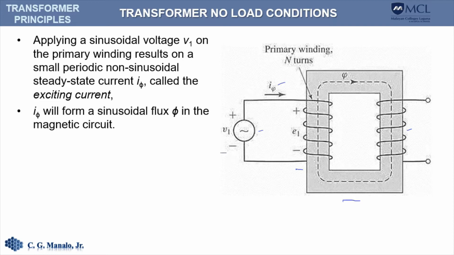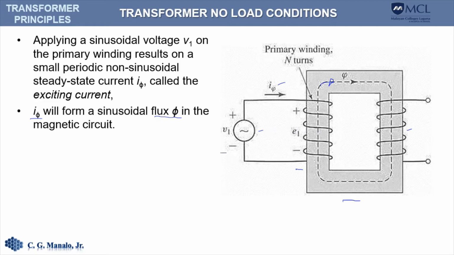This current will produce a flux inside the magnetic circuit. So a flux will flow within the ferromagnetic core.